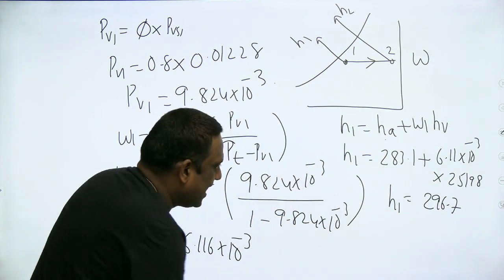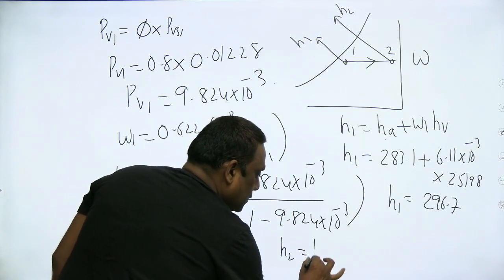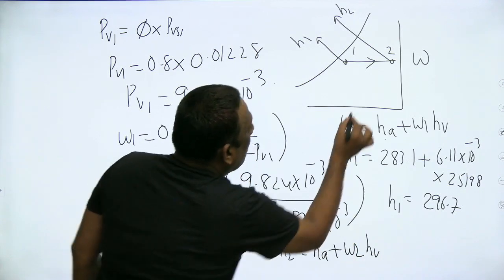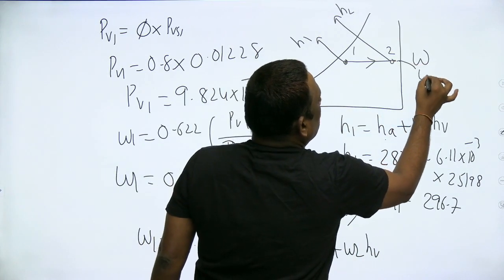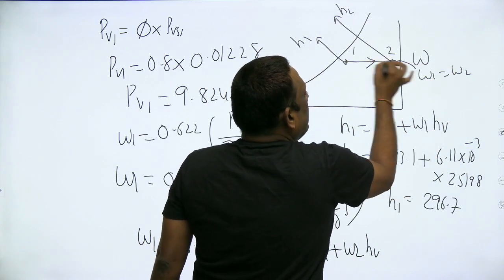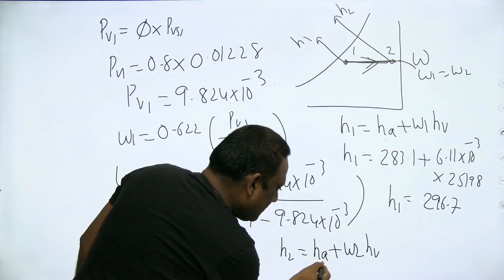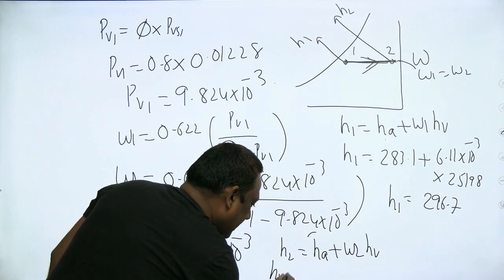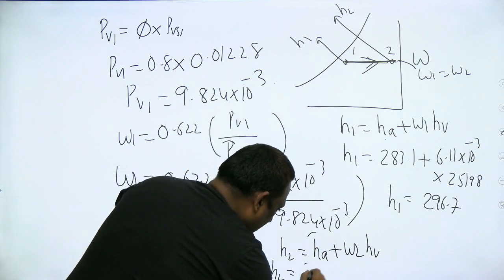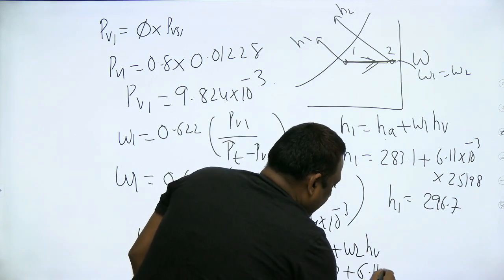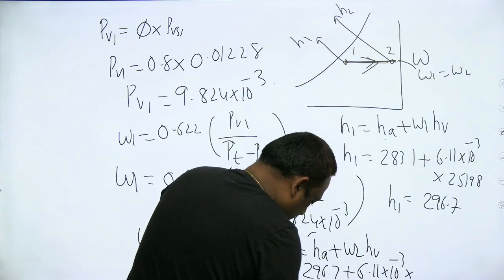On similar grounds, I can calculate H2. How do I calculate H2? HA plus omega 2 into HV. My dear students, omega 1 and omega 2 are same. No need to calculate omega 2 because moisture is neither added nor removed. So omega is same. Already HA is given at the outlet. How much is HA? 296.7 plus omega is already known, 6.11 into 10 power minus 3 into HV is given.